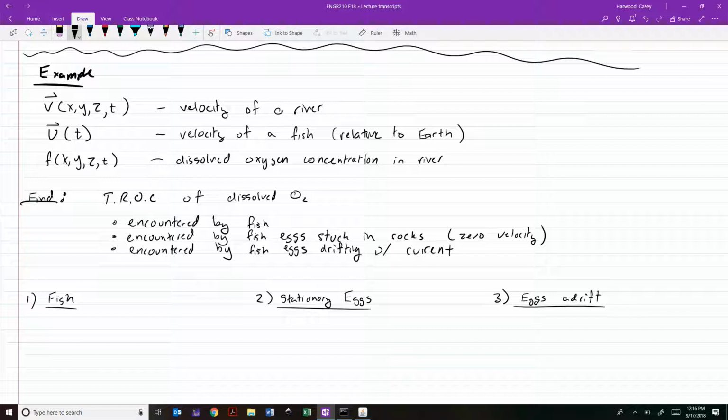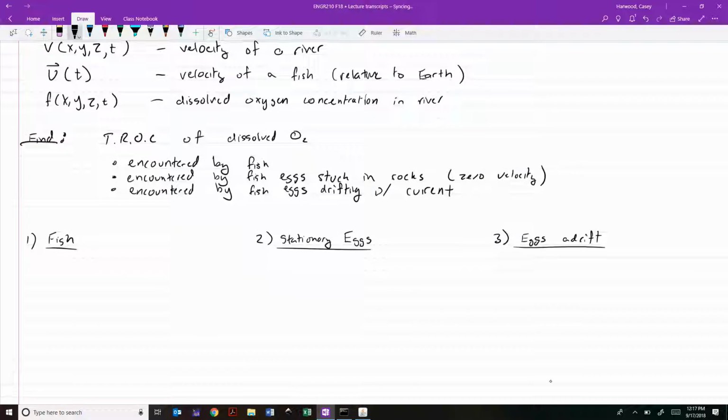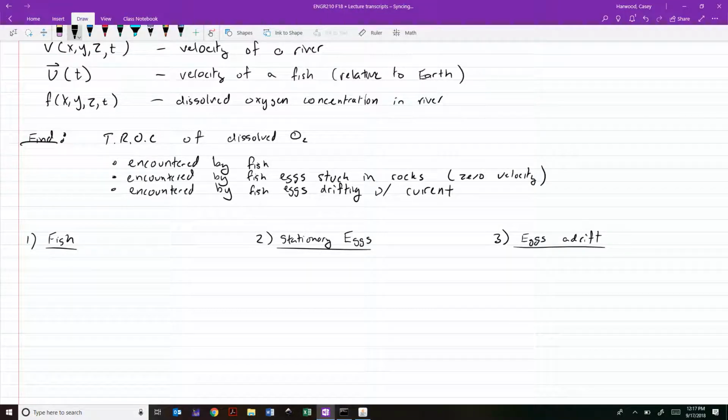Anyone want to start out with volunteering the time rate of change of dissolved oxygen seen by the fish that's swimming through with that velocity u? Right, so we would write Df/Dt for the fish is equal to what? How would we write this out?